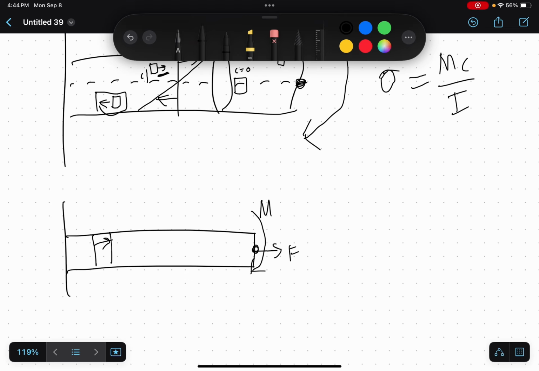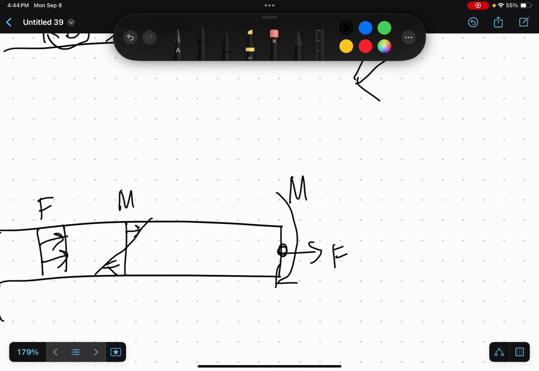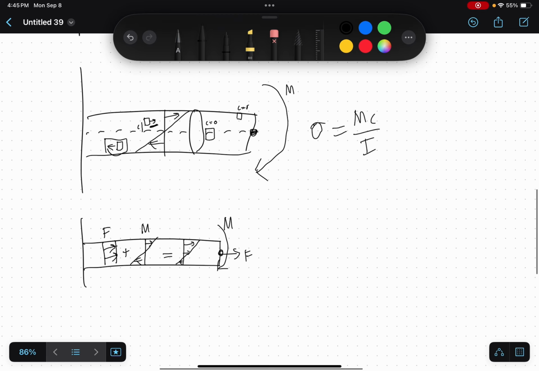So you would have that for the force, and you would have that, let me draw it over here, that for the moment, and then if you add them, it depends on the magnitudes, but you could get something like that, where instead of the stress being 0 on the neutral axis, it's 0 at a lower point. So you can just combine them that way.